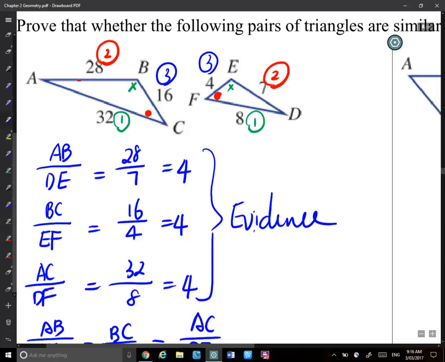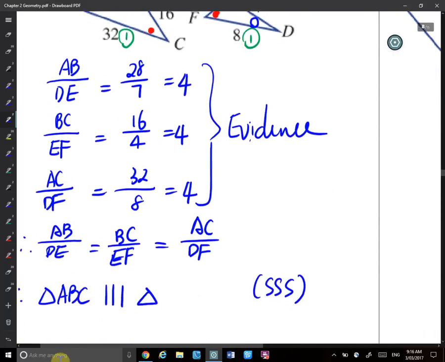And which one is opposite to the blue one? That one is opposite to the blue one, and that one is opposite to the blue one. So they are one pair.